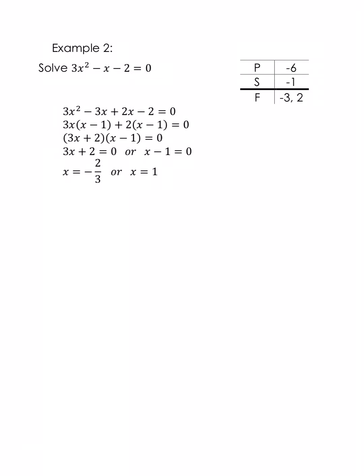Then we group in pairs: 3x outside of x minus 1, plus 2 outside of x minus 1, equals 0, giving us brackets of 3x plus 2 and x minus 1. You let each bracket equal 0 and solve, giving us x equals minus 2/3 or x equals 1.